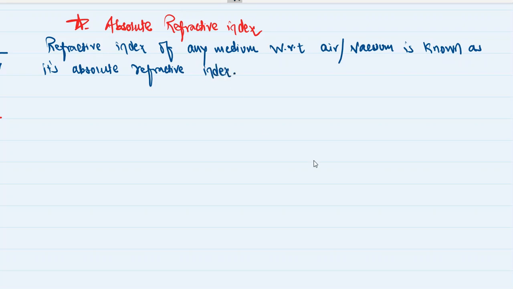Refractive index of any medium with respect to air or vacuum is known as its absolute refractive index.